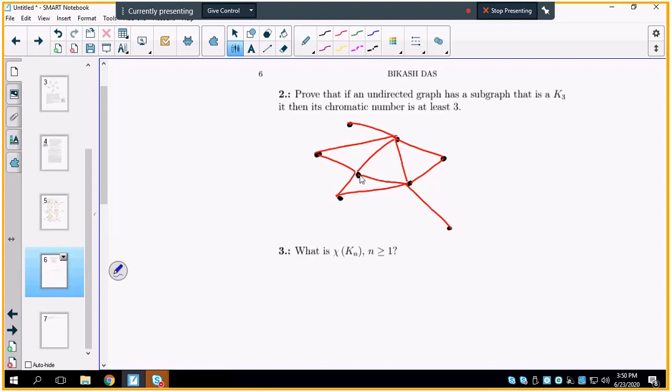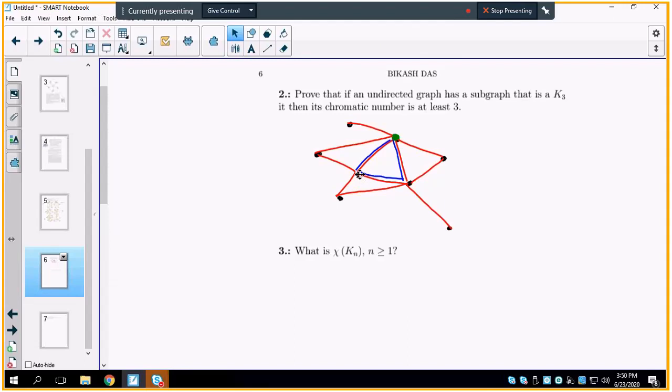Well, let's go back to the K3 that we started with, which is here. Let's say that I start at this top vertex and I say, well, I'm going to make it green. Why not?